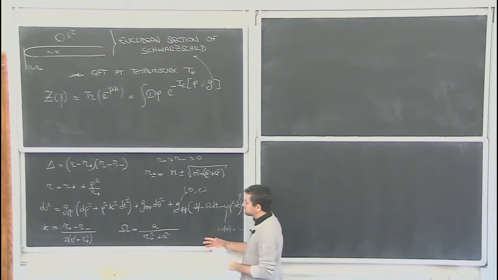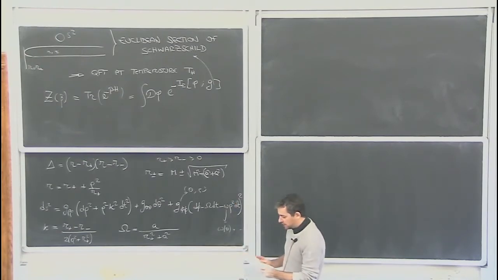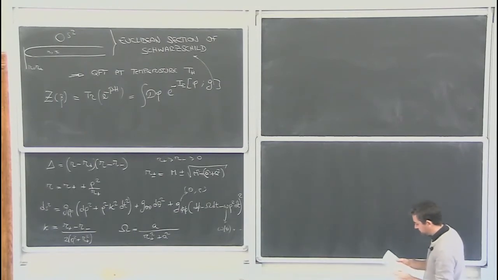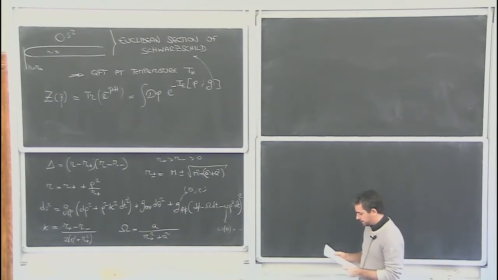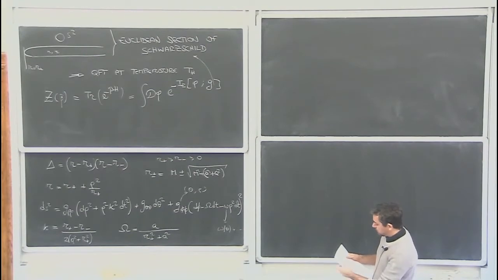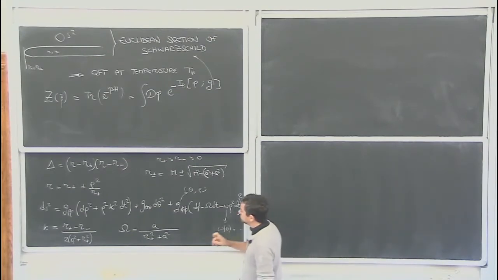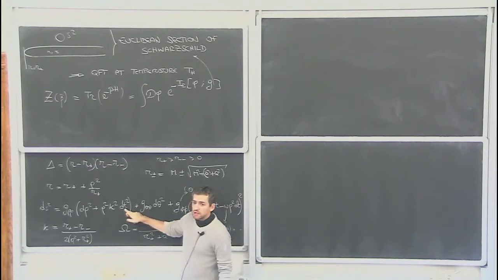Because now we would like to say, let me see if I'm missing something. Yeah, let's see this from two perspectives. One is, okay, we would like to identify the time as we did before.